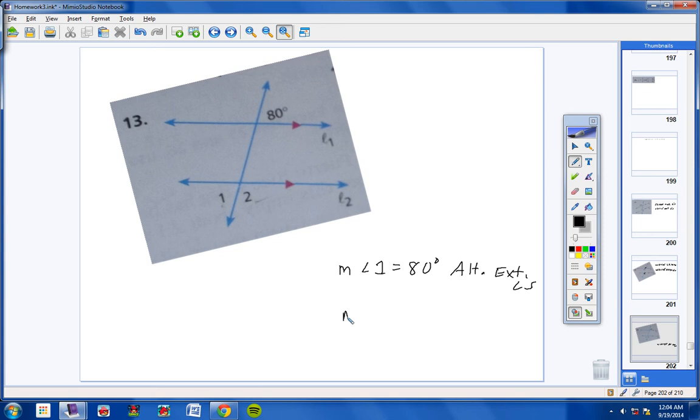Next, I would say the measure of angle 2 equals 100 degrees, because linear pairs are supplementary. It's obvious this angle here and this angle here are linear pairs. You have a straight line here with one line coming off of it, and they're always supplementary.